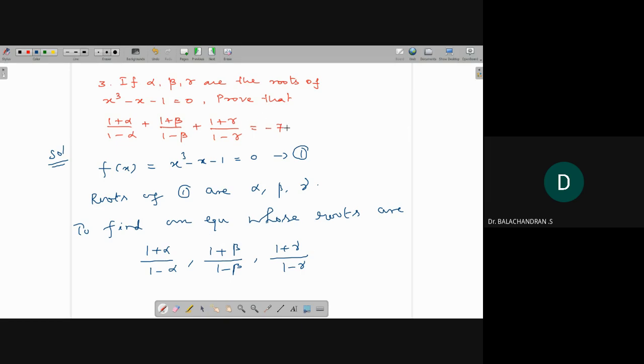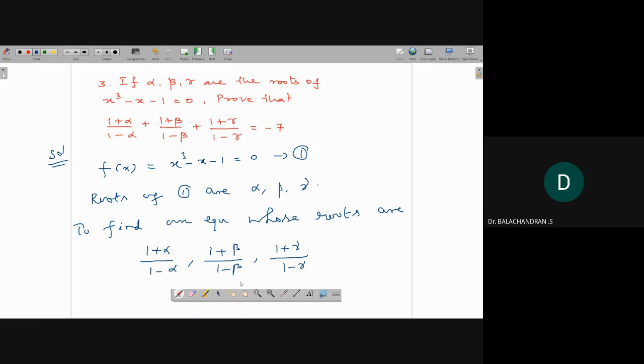They need to prove this. So from the left hand side, first we need to form the equation whose roots are 1 plus alpha by 1 minus alpha, 1 plus beta by 1 minus beta, and 1 plus gamma by 1 minus gamma. And then if you add these, you'll easily find the sum, that is S1.